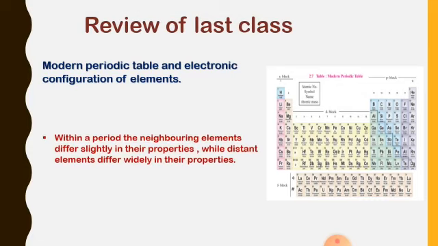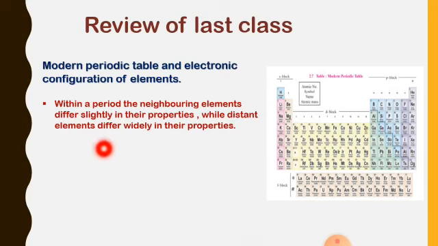Here it says that within a period the neighboring elements differ slightly in their properties, while the distant elements differ widely in their properties. Which means the elements which are close to each other, for example Li and Be, lithium and beryllium, have some similarity in their properties.